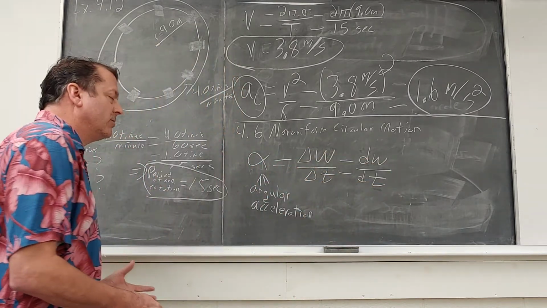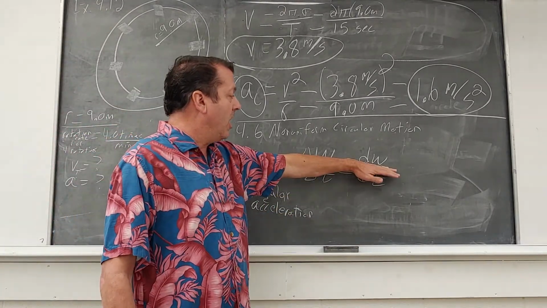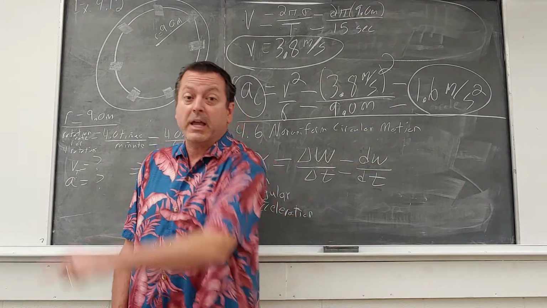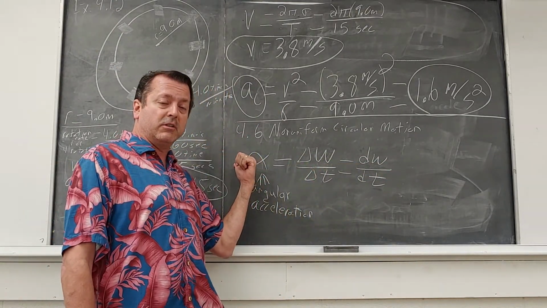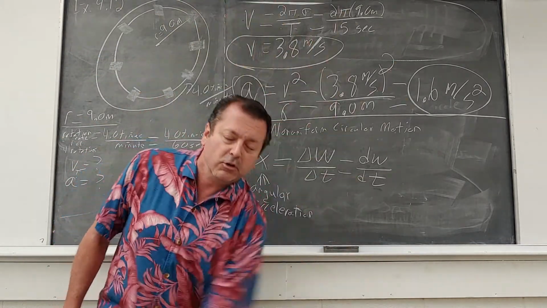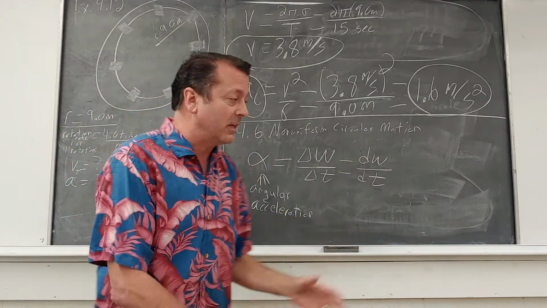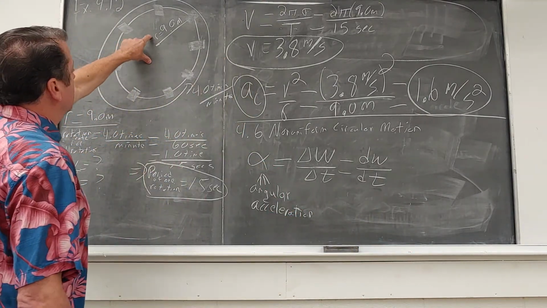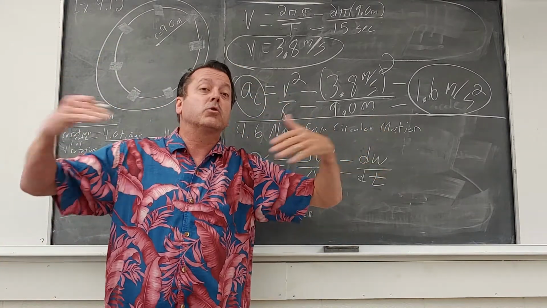If you remember derivatives, which are just rates of change, if omega was constant, that rotation rate is constant, then angular acceleration alpha would be zero. But as the rotation rate changes, now we've got an angular acceleration, but the centripetal acceleration is always towards the center.